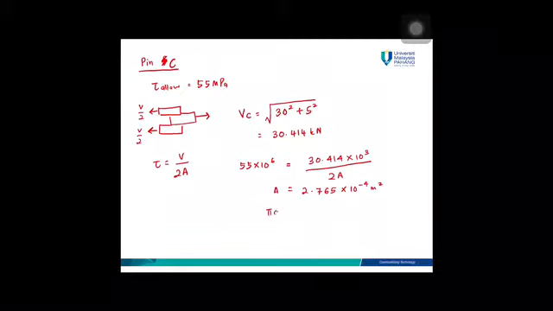Again, pi d square over 4 is equal to 2.765 times 10 negative 4, and then your d is equal to 0.0188 meter. This is your answer for pin A and also pin C.